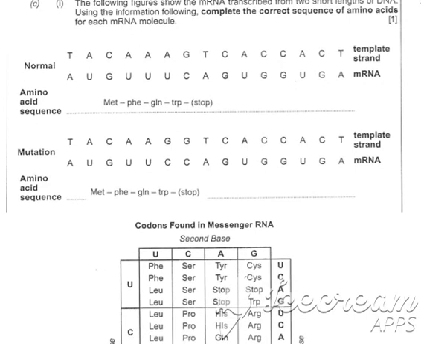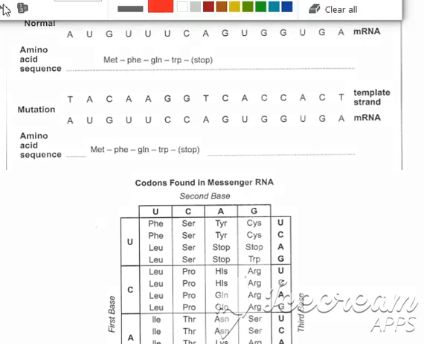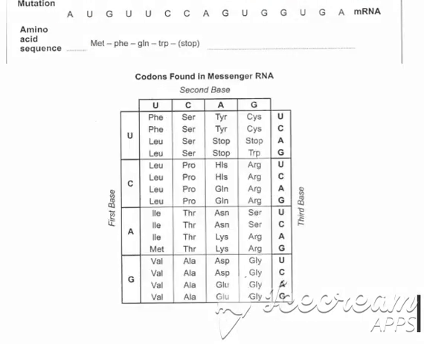So we need to identify our first triplet, which, looking at the mRNA strand, would be AUG. So we're identifying just this triplet first of all, AUG. The first thing we must do is identify what the first base is.